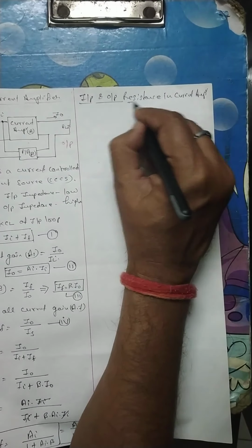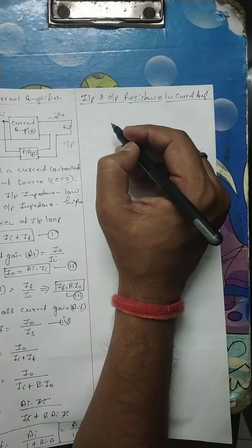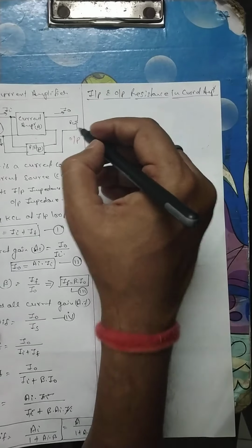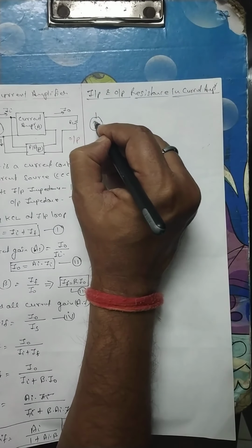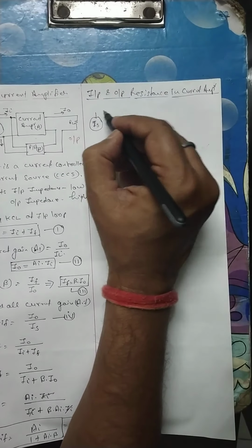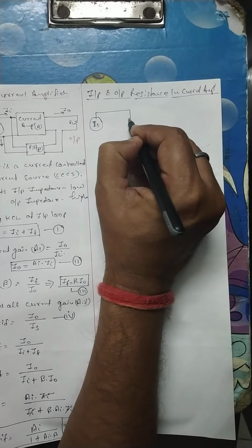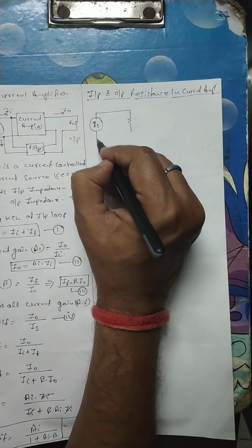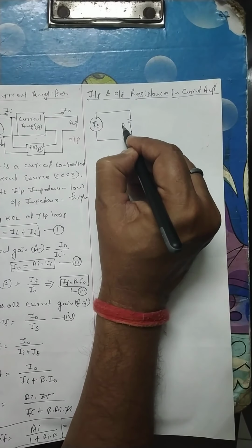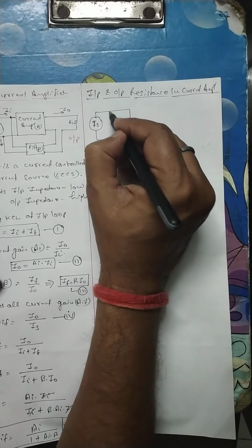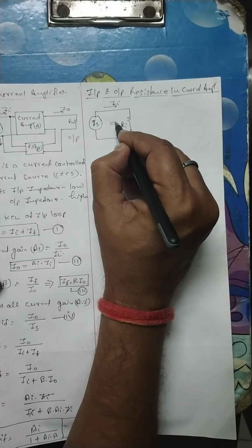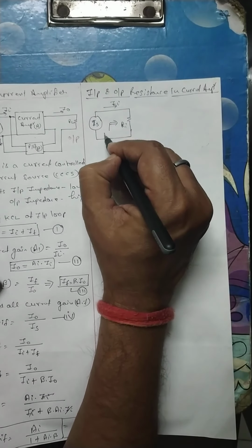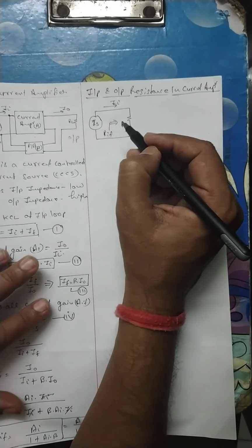As you can see, at the input side we have a current source, termed as Is, and input impedance Ri. The input current is Ii and the input impedance is Rif with feedback.